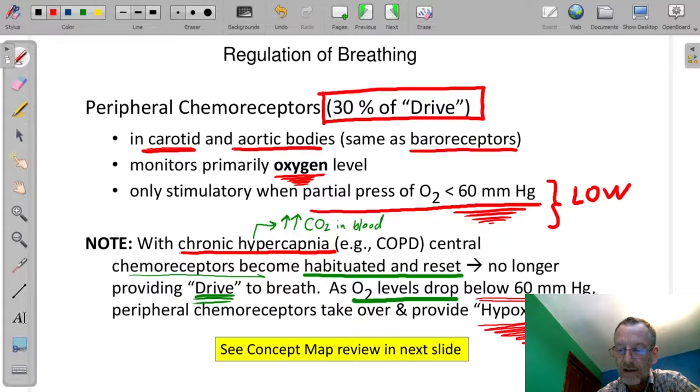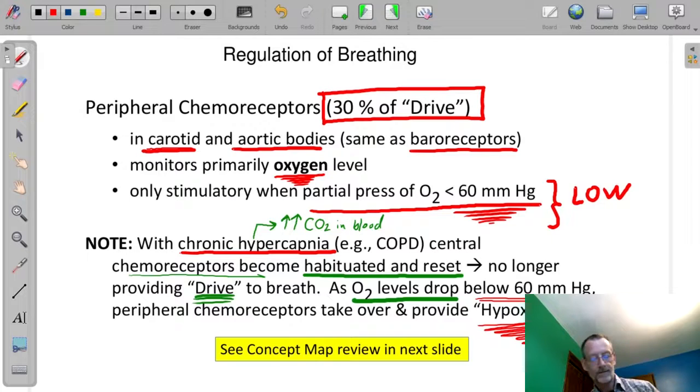This is the drive to breathe. And the drive to breathe is being stimulated by low oxygen, hypoxia. So that's the hypoxic drive being produced by the peripheral chemoreceptors.